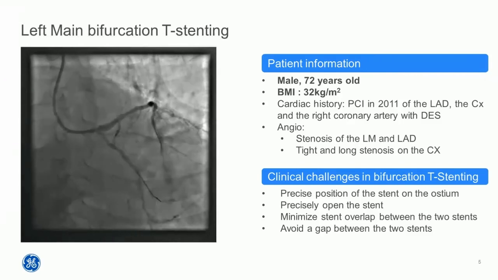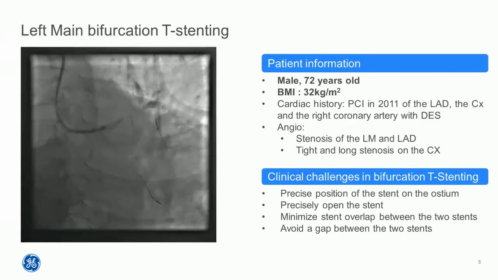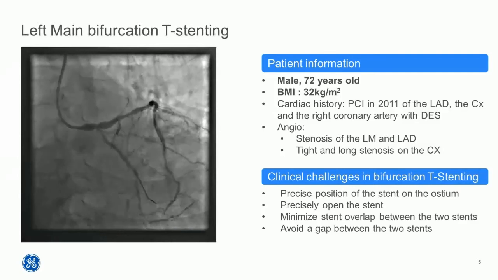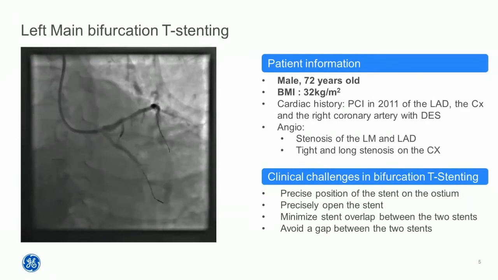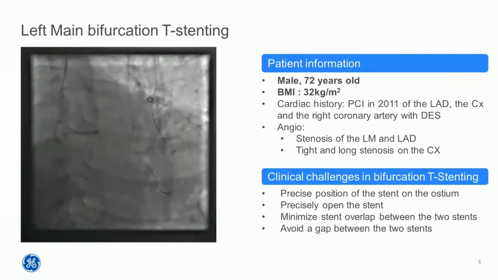For the strategy, it's very important because when we have more than 5 millimeters, usually we use a T or TAP stenting with two stents in the bifurcation.